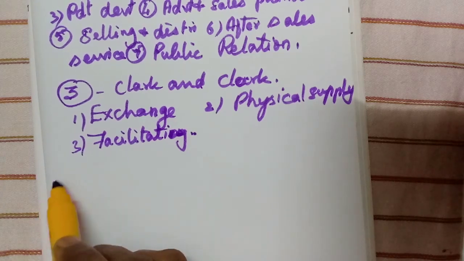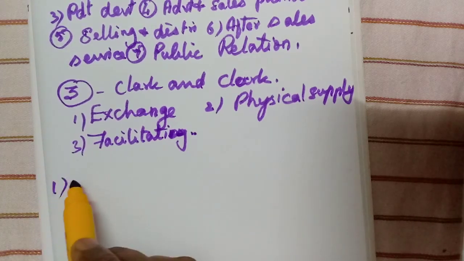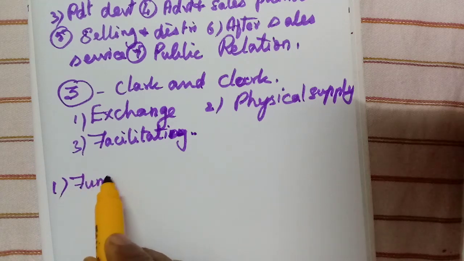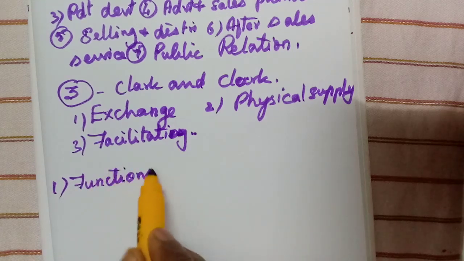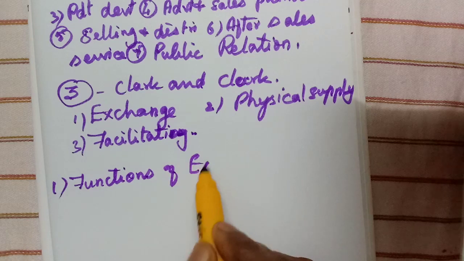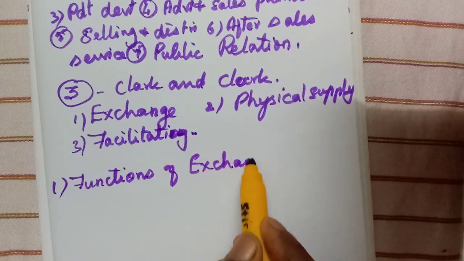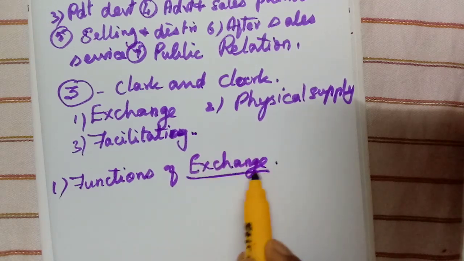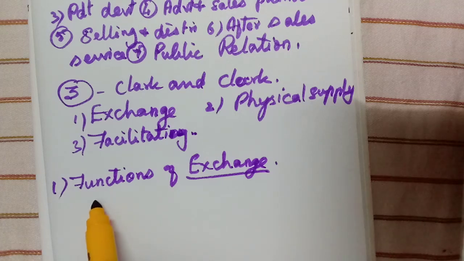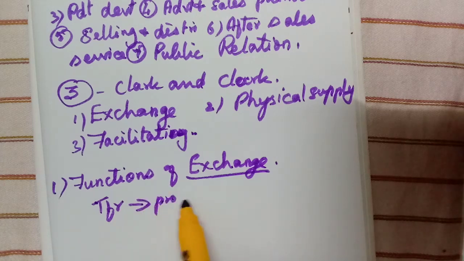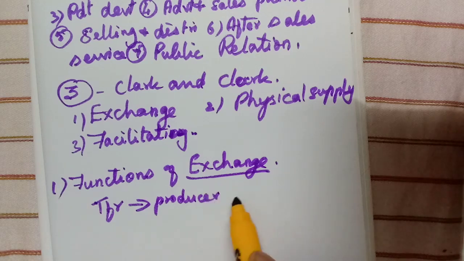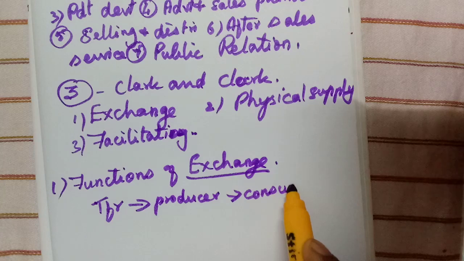Okay, first one, functions of exchange, or exchange functions. We know what is exchange. Exchange means transfer of goods and service from the producer or manufacturer to the consumer or customer, isn't it?